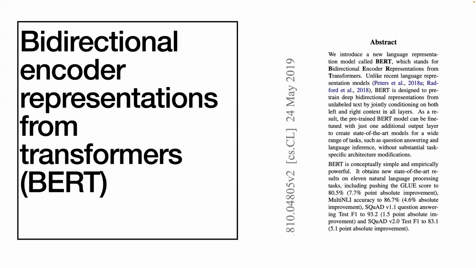And if you use the right context, you're going to read it from right to left. And then given the left context and right context, we are going to predict the middle word.